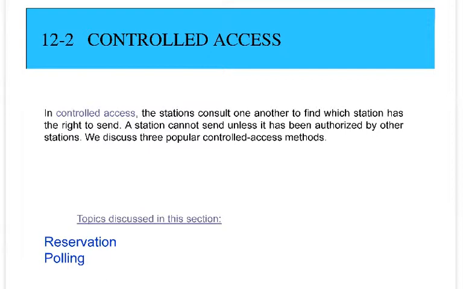So I have to make sure that when a node sends any frame, within the entire network, this is the only node that's sending at this point in time. I can do that in different ways.